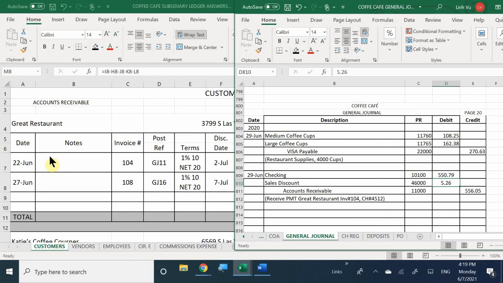But because they paid within the discount terms, we must grant them a discount of 1%, which we know to be $5.26. Okay, so therefore we should be receiving a check that's less than what they owe because they got the discount.